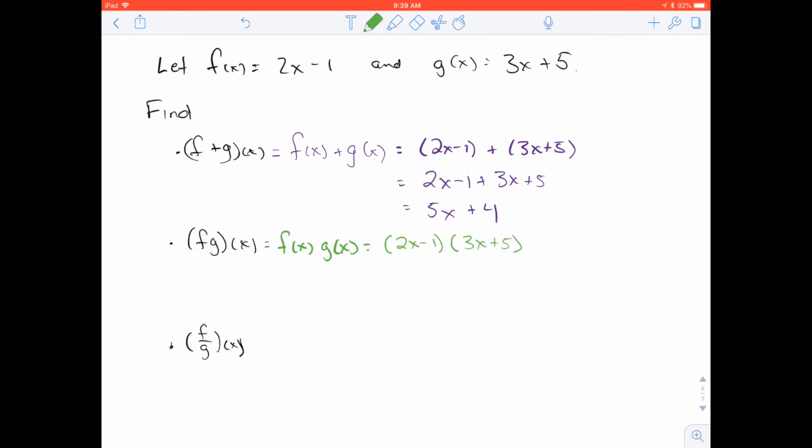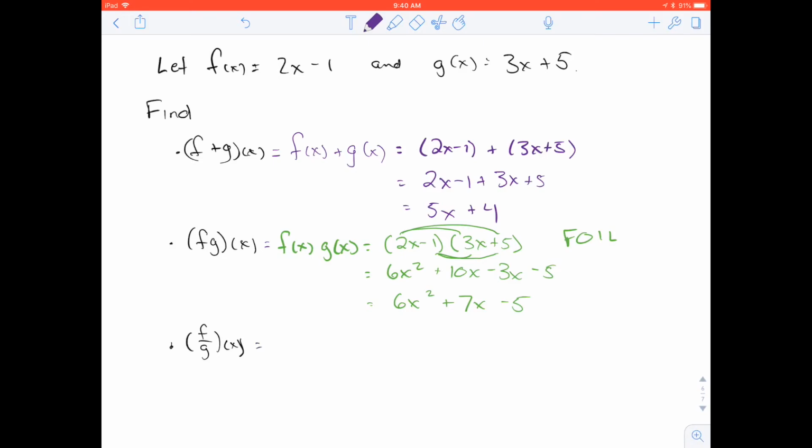And again, we're putting parentheses around the functions, and hopefully we notice how important that is, because it's letting us know that when we multiply these functions, we're actually having to FOIL. So if I FOIL, I'll get 6x squared plus 10x minus 3x minus 5, and my resulting function will be 6x squared plus 7x minus 5.